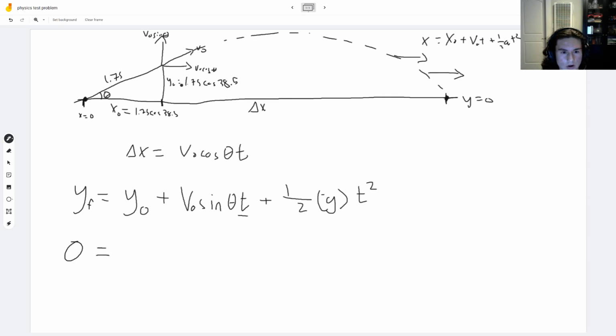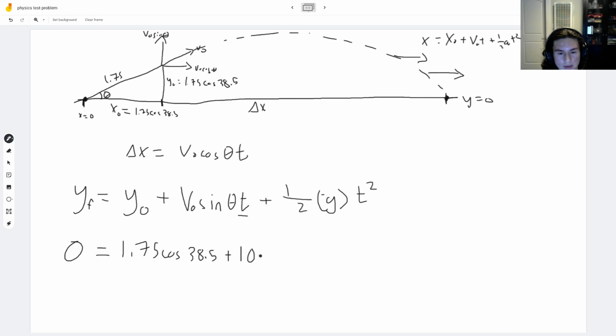Now we know our y initial is this horrible number, so 1.75 cosine of 38.5. Then I'm adding on our v naught sine theta.